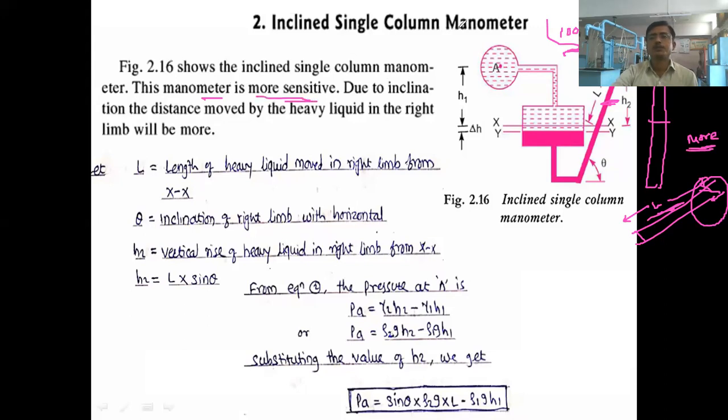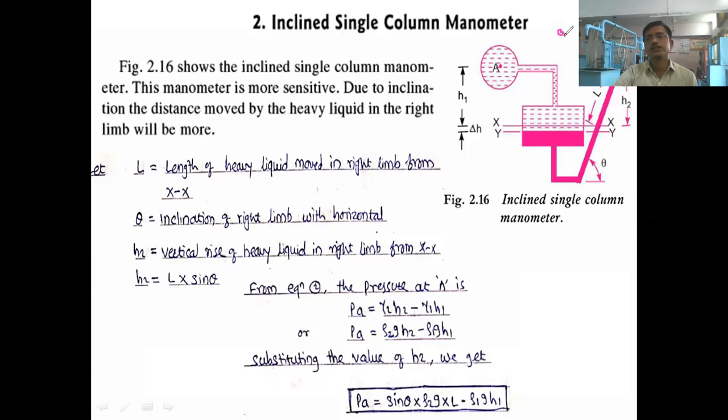Okay, so this manometer is useful when we require more accurate results. की ज्या स्टडीसाठी आपल्याला जास्त ॲक्युरेट रिझल्ट्स पाहिजे असतील किंवा फ्लक्च्युएशन्स हे त्या ठिकाणी मायन्युटली आपल्याला मेजर करायचे असतील, then we should go for this kind of manometer. ही जी लेंथ आहे लेंथ मध्ये जास्त व्हेरिएशन होईल as compared to the height. ओके, वर्टिकल ह्याच्यामध्ये हाईट मध्ये. So this is the reason.